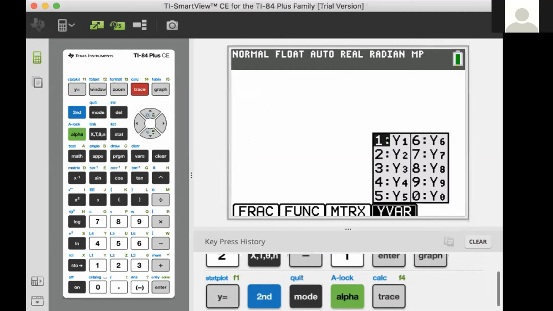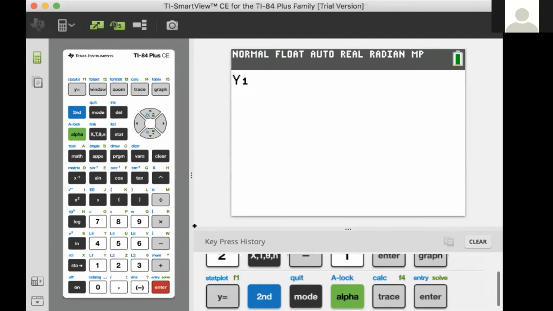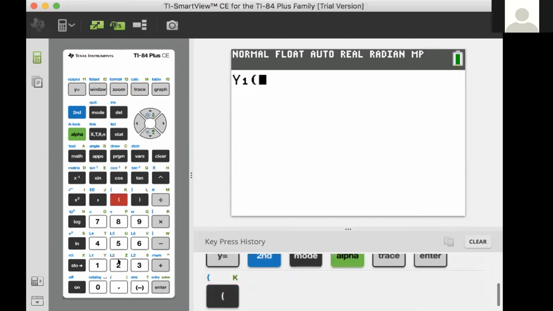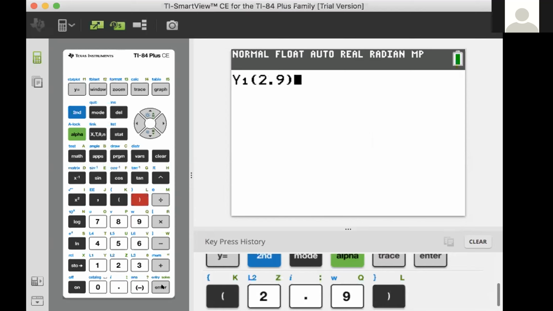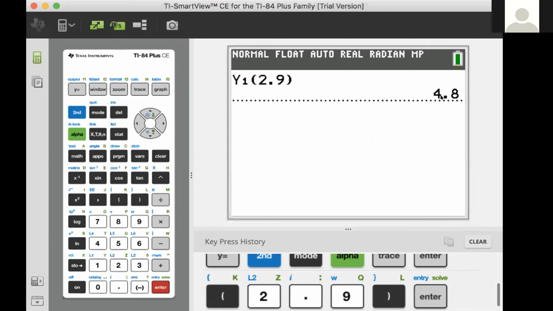I'm using y1, so I'm going to press enter, parentheses. So as we did in the notes, plug in a number for x, let's say I want to plug in 2.9. That'll be my y value that I'm approaching.